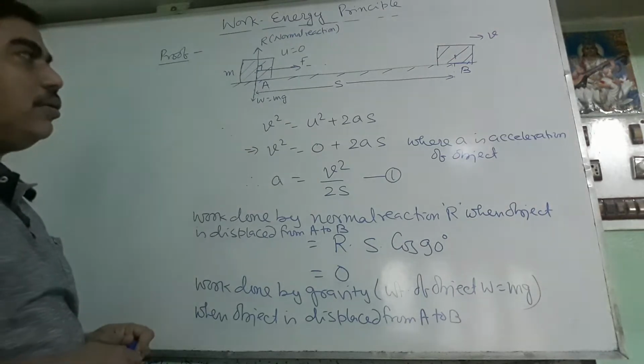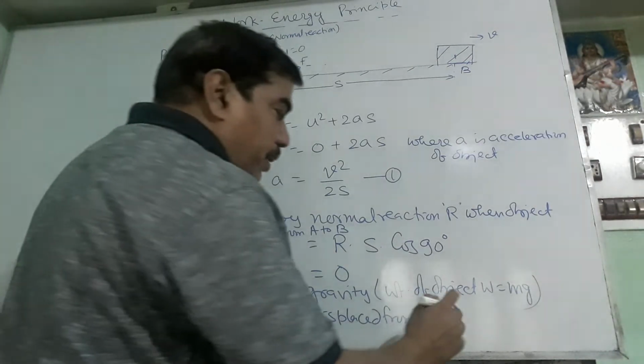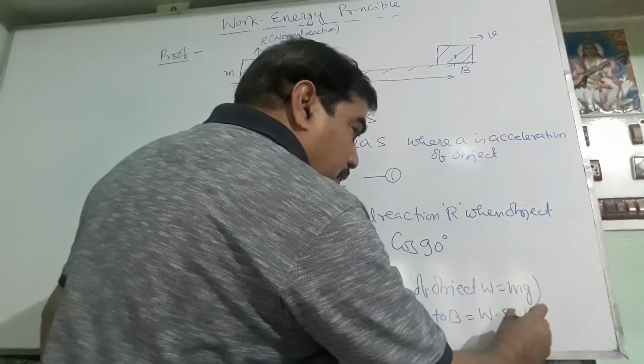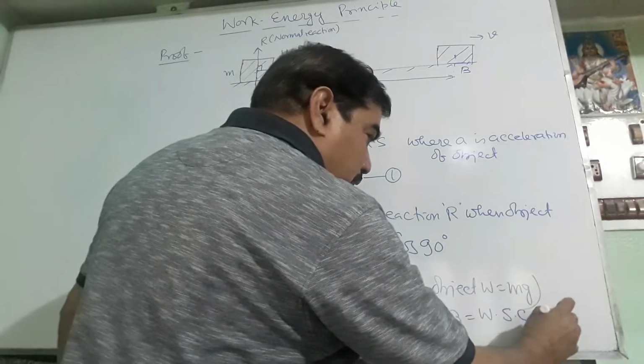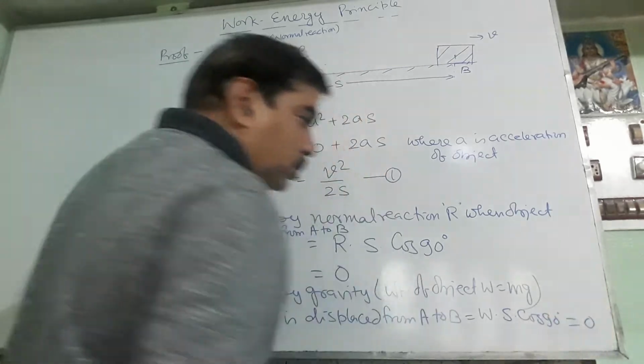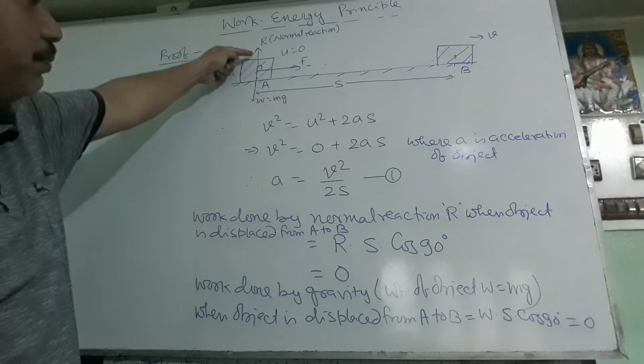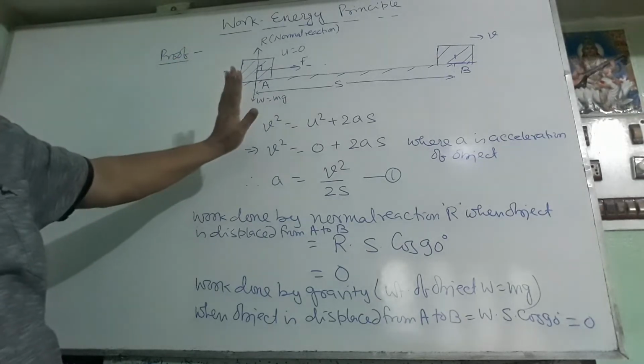Again, the angle between force and displacement is 90 degrees, cos 90. So this work is also 0. So work done by this force and work done by this force, both are 0.